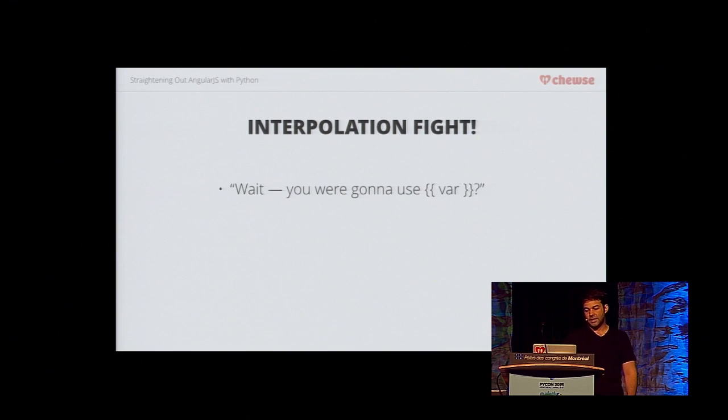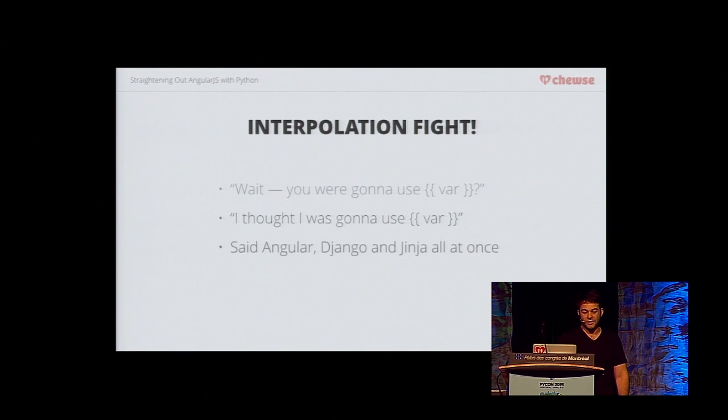Other fun stuff. Interpolation. This was good. The template interpolation symbols, those double curly braces. It seems everyone wants to use those. Angular, Django, and Jinja all by default use these double curly braces.